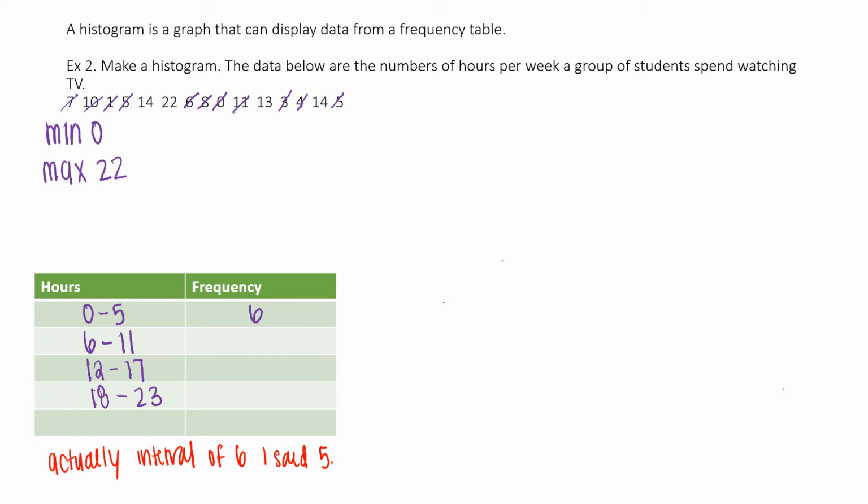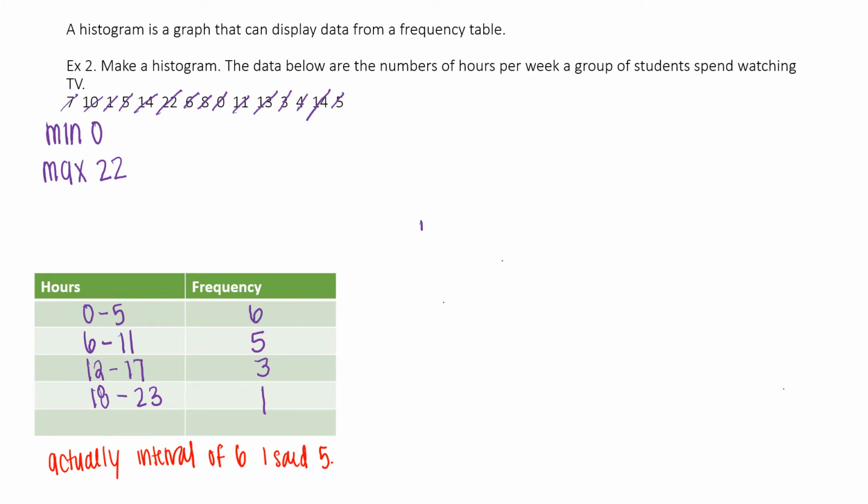So you have 5. How many numbers are between 12 and 17? 1, 2, 3. How many numbers are between 18 and 23? You only have 1.